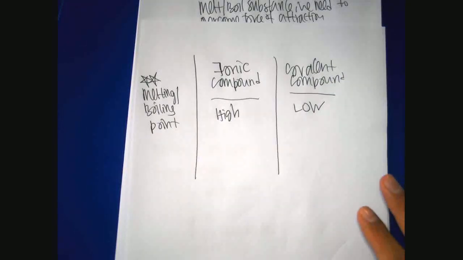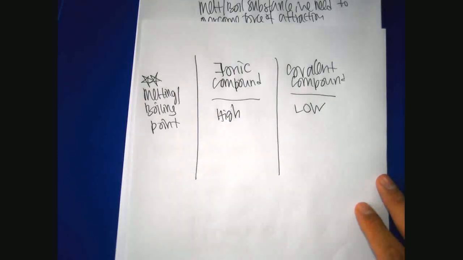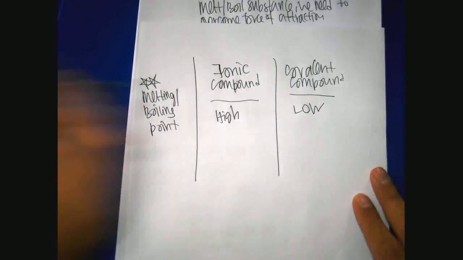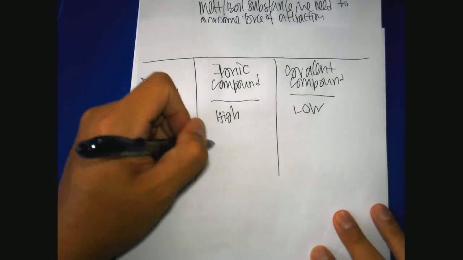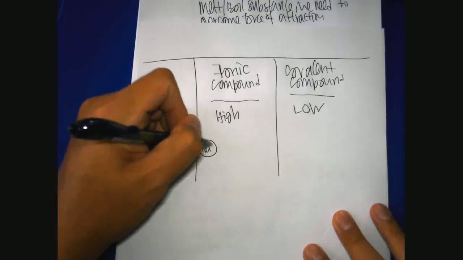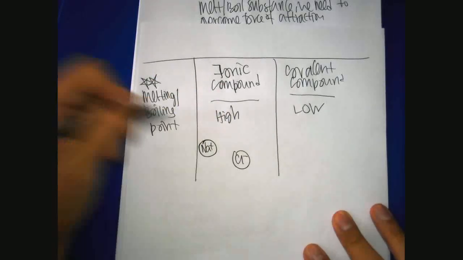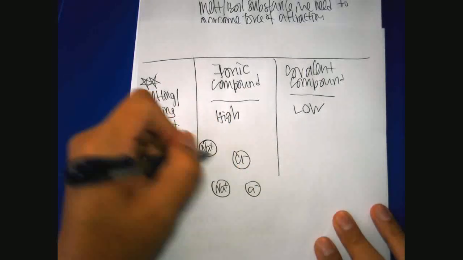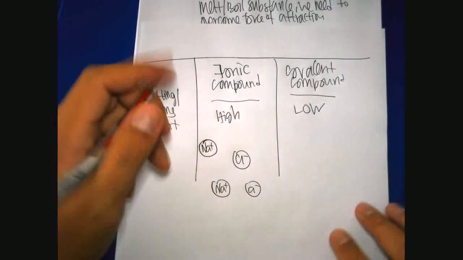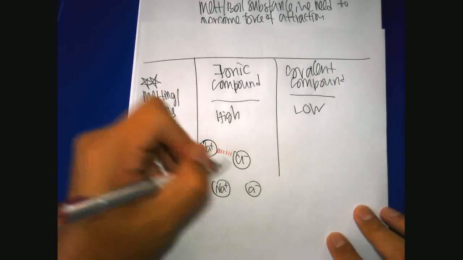Now if we go back to something we learned a moment ago, ionic compound has a high melting point and covalent compound has a low melting or boiling point. We must know how to explain it. First, we must know the force. Ionic compound has positive ion and negative ion. I'll use sodium chloride for demonstration. When there are opposite charges, there is a force in between them, which we learned a moment ago.